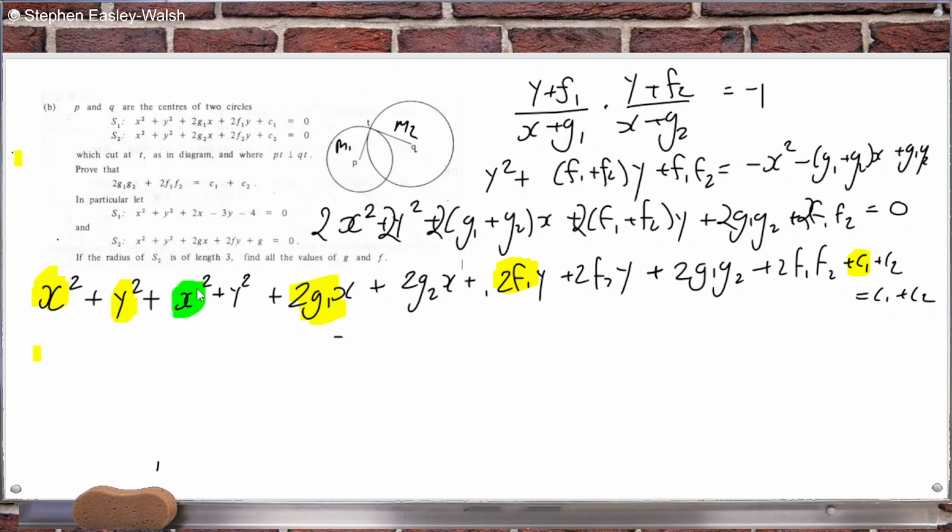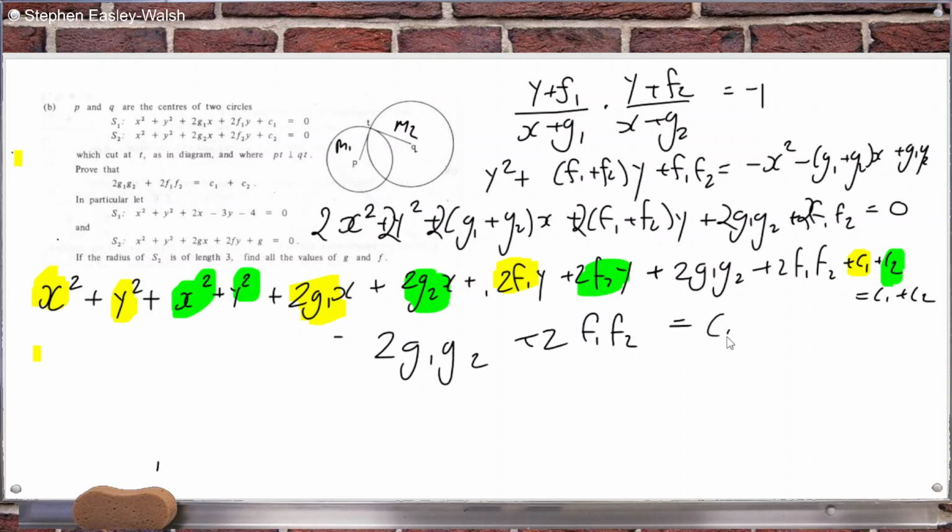And then x squared plus y squared plus 2g2x plus 2f2y plus c2 should add up to 0. So all you're left with is 2g1g2 plus 2f1f2 equals c1 plus c2. Huzzah! I've proven what they've asked me to prove.